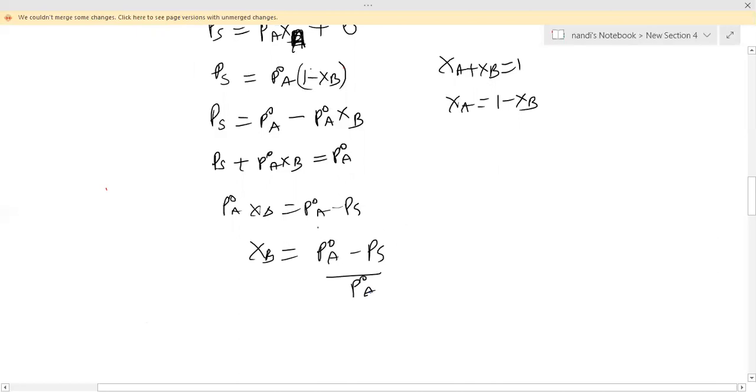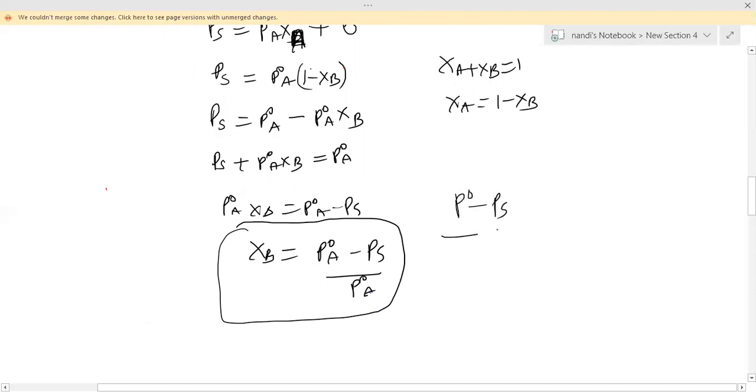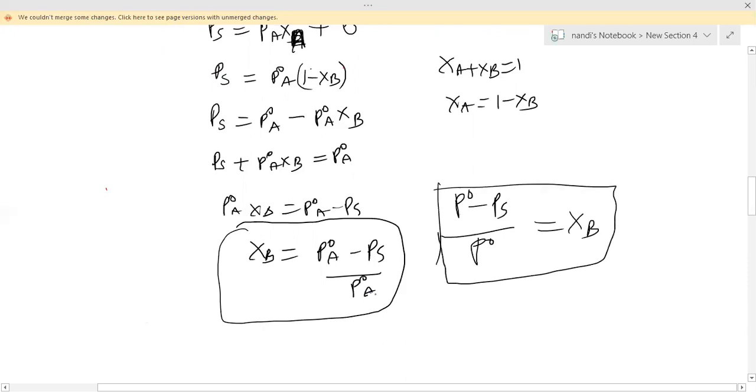A means solvent. So based on this, we can say this is the relative lowering of vapor pressure, compared with respect to solvent, equal to the mole fraction of solute. That's a statement you have to note down: P naught minus PS by P naught, where P naught is the pure solvent, equals XB.